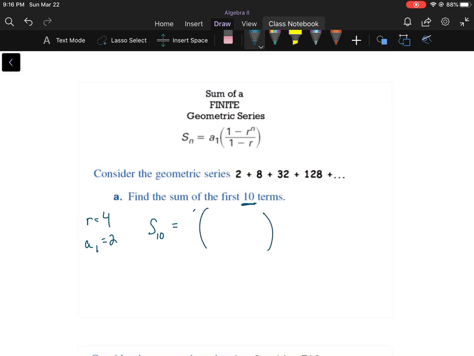So, big old parentheses. Outside is the first number, which is 2. 1 minus 4 to the 10th power over 1 minus 4. Now, I would use a calculator to figure that out on its own, then divide by -3, and when it's all said and done, multiply by 2. Be careful.